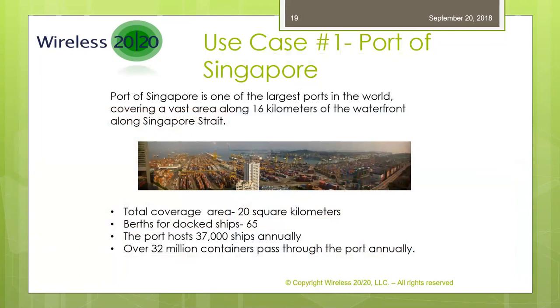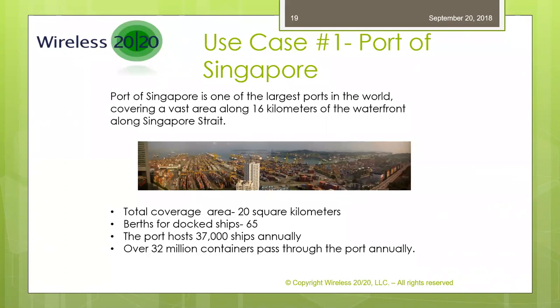So here is this picture here in the middle. I guess it does this justice if we can get an idea of the size and stretch of this. It strings out along 16 kilometers of the waterfront along the Singapore Straits. So it's a total coverage area that we're looking at in our use case of about 20 square kilometers. There are 65 berths for docked ships.